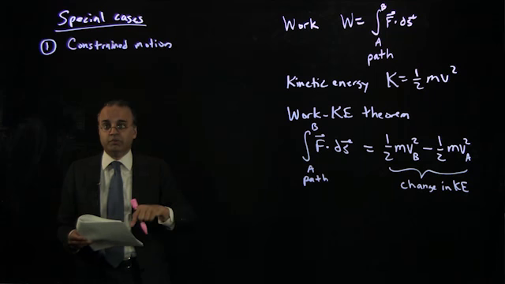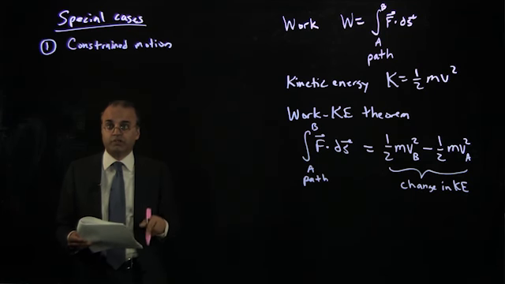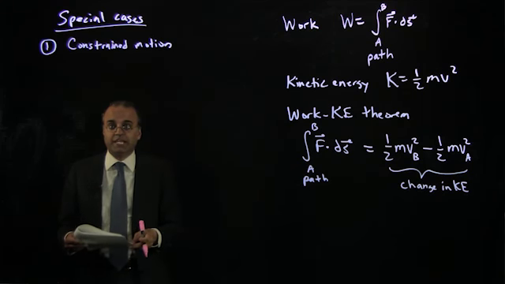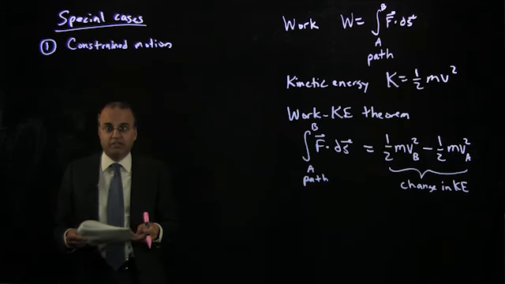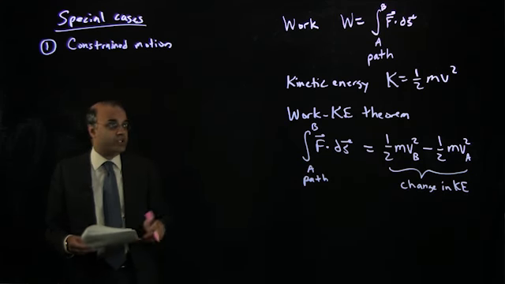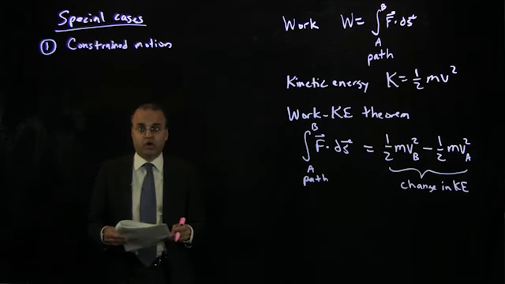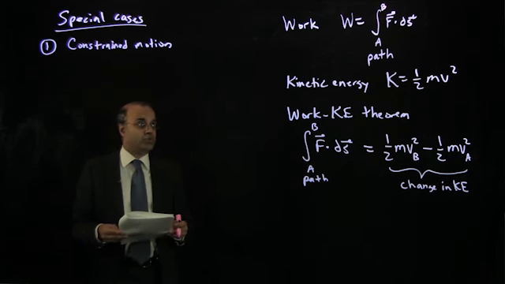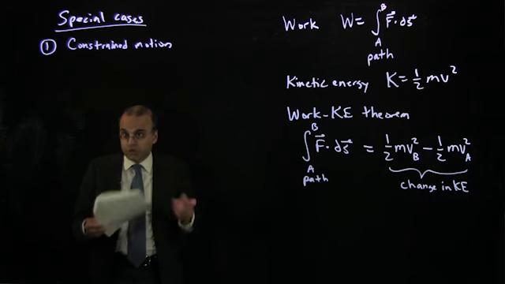We know that the object is going to be moving along a circular path or along some particular track of some particular shape. And as long as we can describe that trajectory, we can evaluate our work integral along that trajectory. So that's a case where even though the work is a path-dependent integral, we know the path.